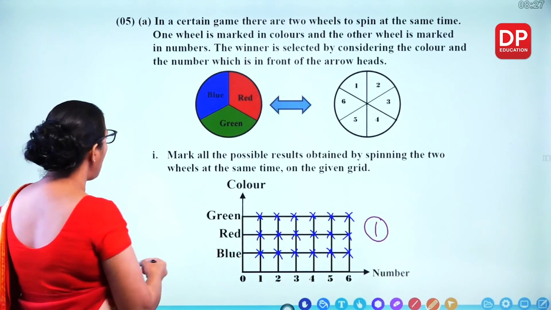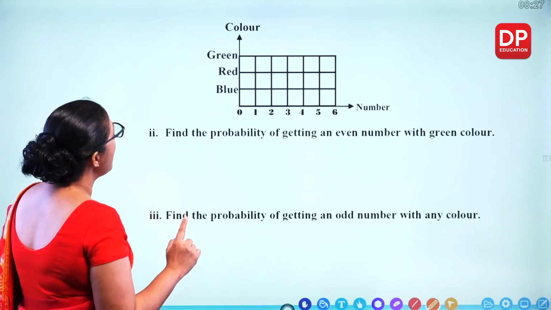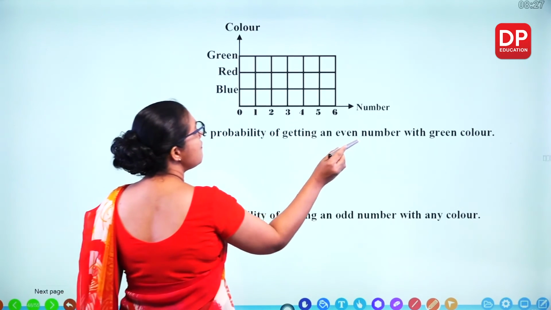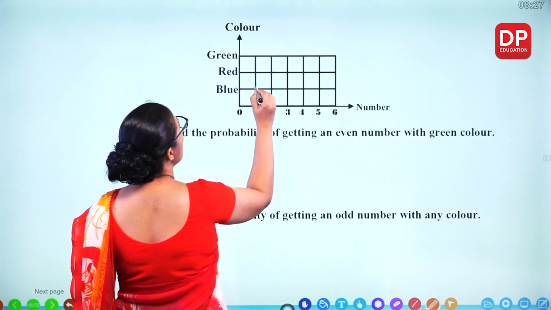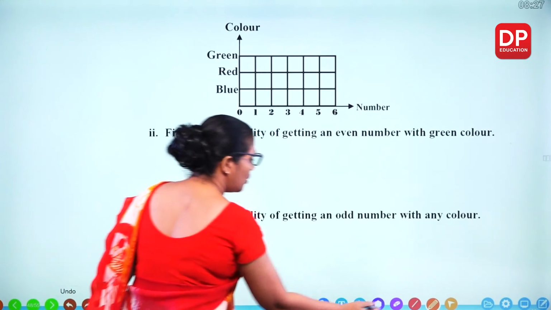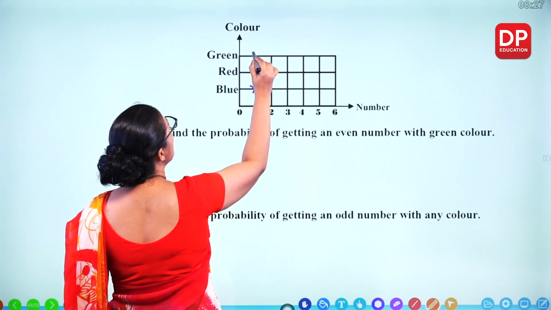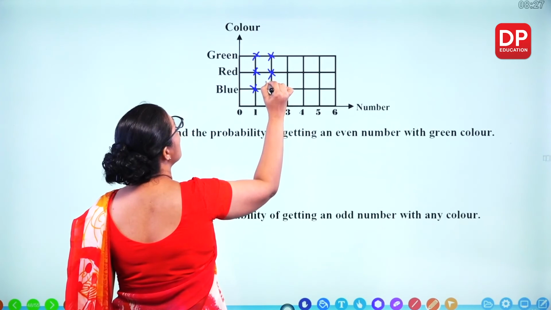Now let's take the second one. Find the probability of getting an even number with green color. So now we found out earlier. So we know that these are the possibilities. All possibilities are okay.